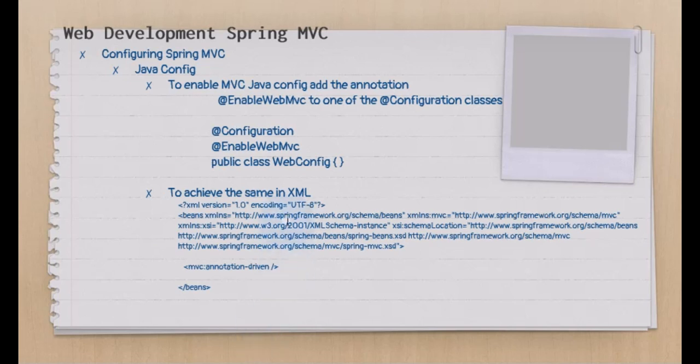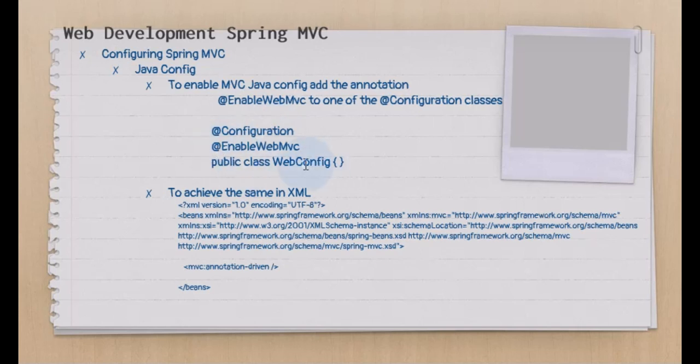To enable MVC Java configuration, add the annotation @EnableWebMvc in one of your configuration classes. One thing you should remember: if you see this @Configuration annotation in any Java class, it means that it is a replacement.